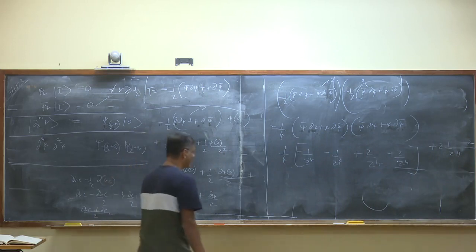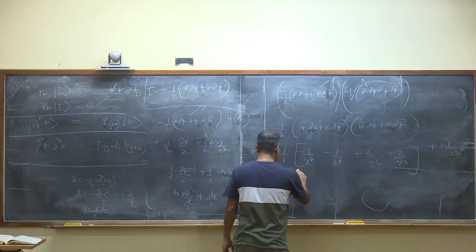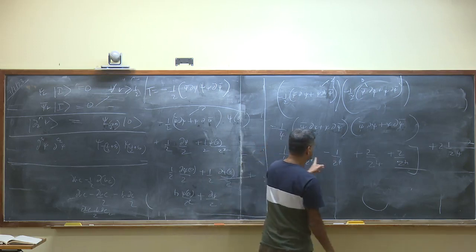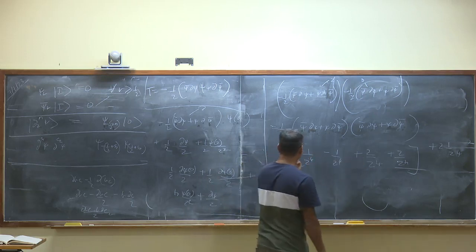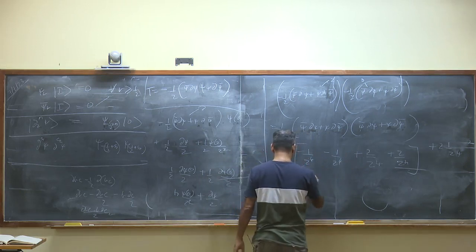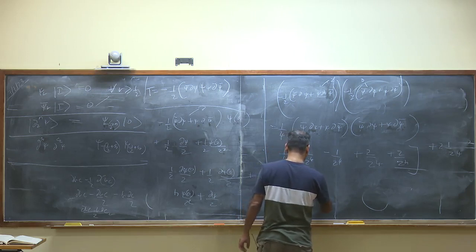Okay, and therefore what we are getting is 1 by 4 into 2, into 2 by z to the 4.